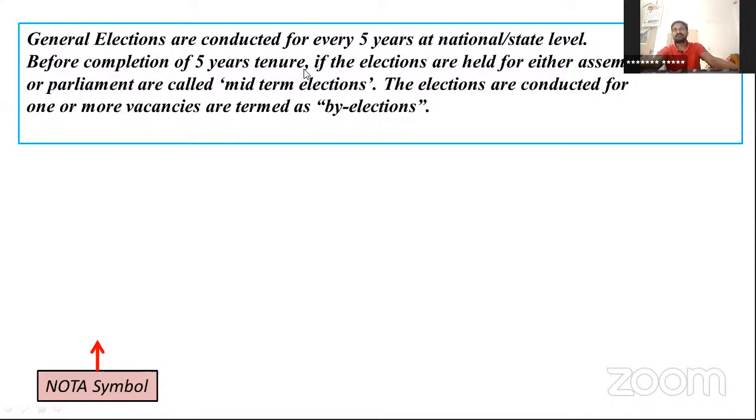If we conduct elections every 5 years, that is known as a general election. And look at this. If elections for either assemblies or parliament are held before completion of the 5 year tenure, they are called midterm elections.